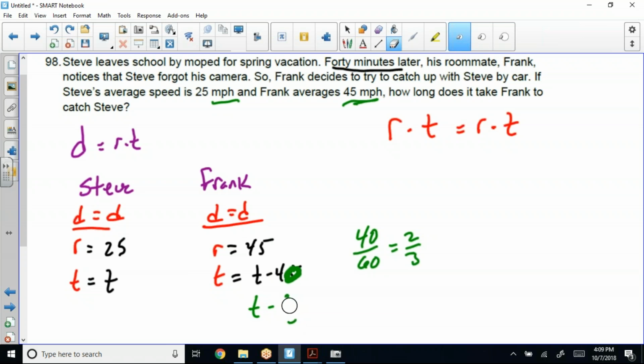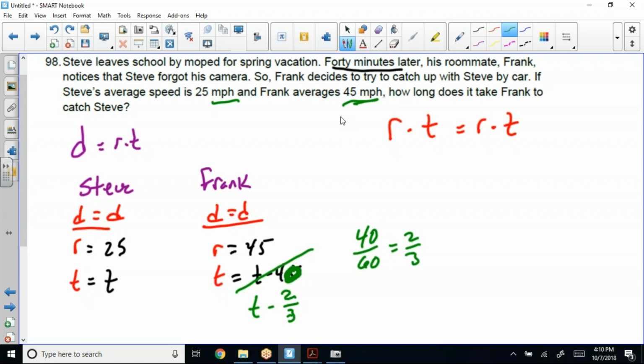Boy, if I could write on this thing, it'd be great. 2/3. Does everybody see how we got that and why we had to convert it? We can't use T minus 40, unless we convert miles per hour to miles per minute. We could, which may make the math a little bit easier too. Can you repeat why? All right, so time is in minutes, right? But look at your rate. It's in miles per hour.